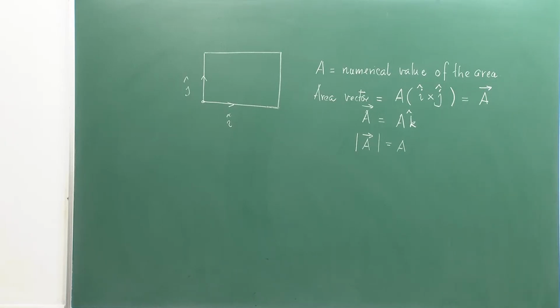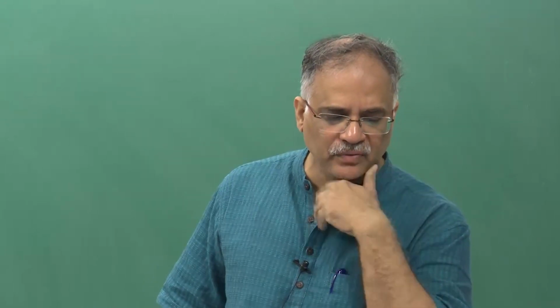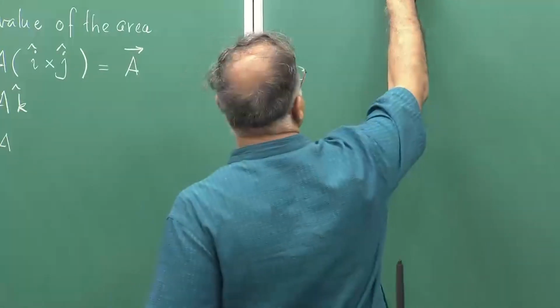So, this idea of an area vector becomes very, very crucial in understanding how to compute the surface area of the graph. So, how do I look at this whole thing?